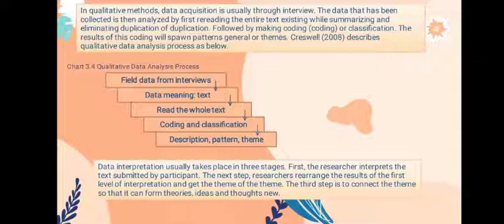First, the researcher interprets the text submitted by participants. The next step, researchers rearrange the results of the first level of interpretation and get the theme. The third step is to connect the themes so that they can form new theories, ideas, and thoughts.